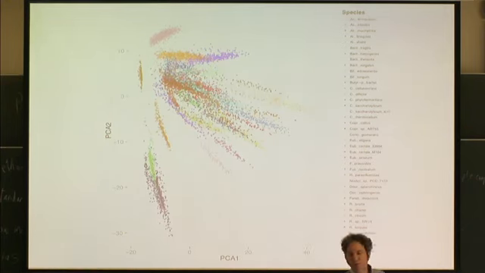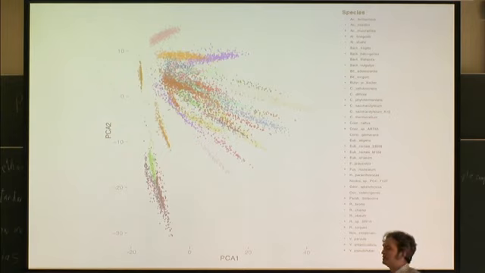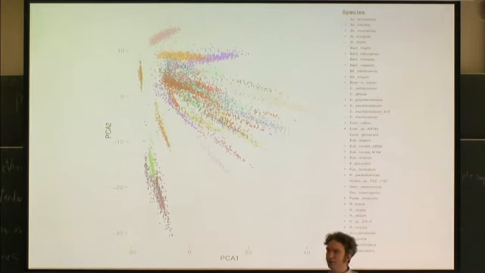Right, so if we take that data set, do the PCA transformations that I talked about, and just plot it in the first 2 PCA dimensions and colour by species, you can see that we've basically got ellipses associated with each of the different species. And the key thing here is you can see that they are forming distinct clusters.